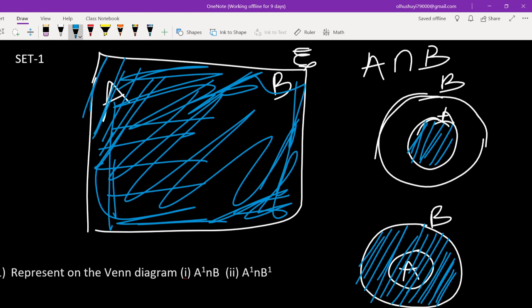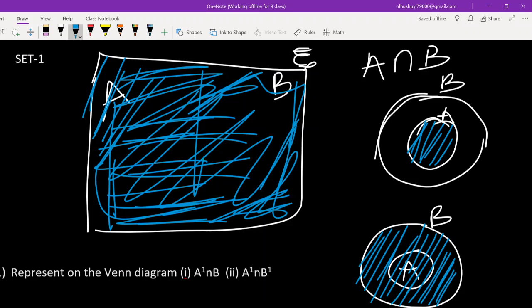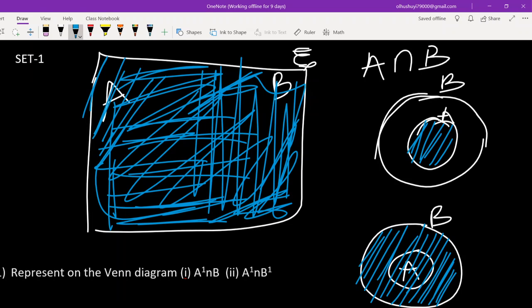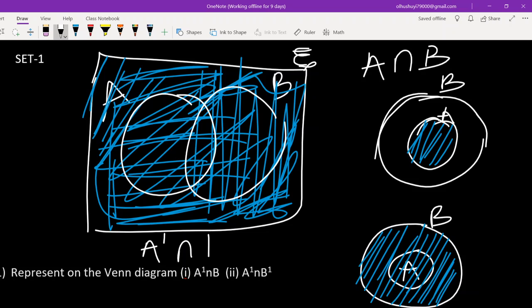If this is the region for A, not, then this will be the region for B, not occurring. So this region now I can put my A and B there. So that lower region will be known as A prime intersect B prime. We have them on and on and on.